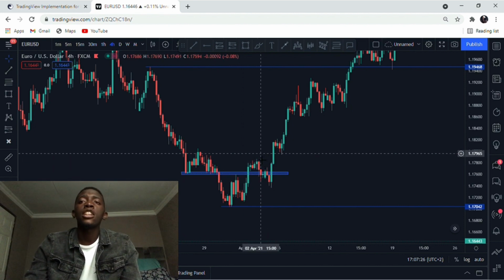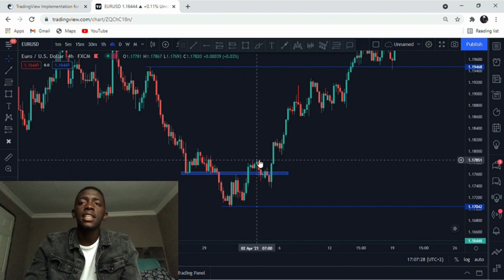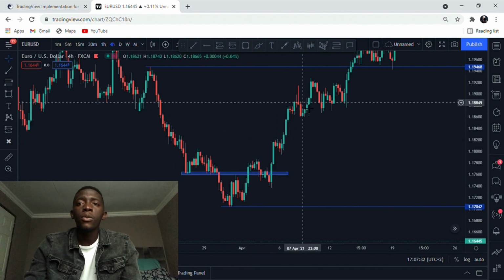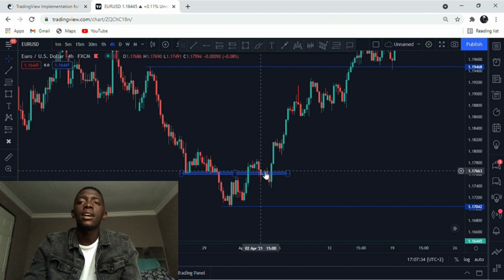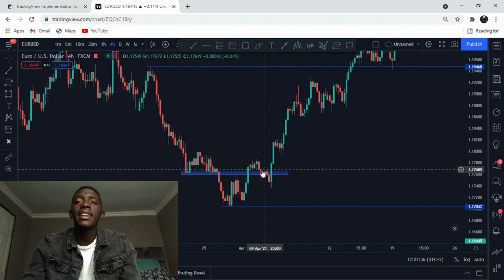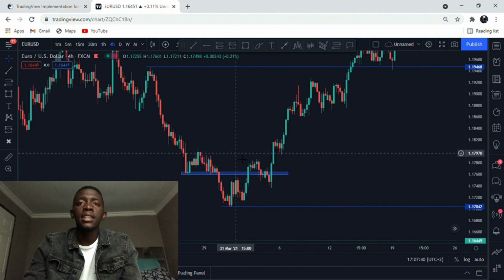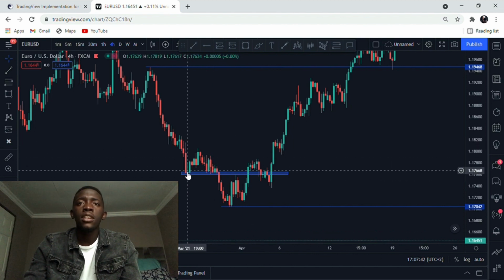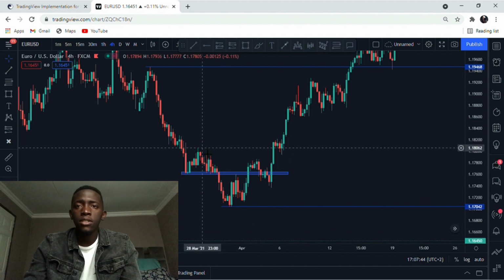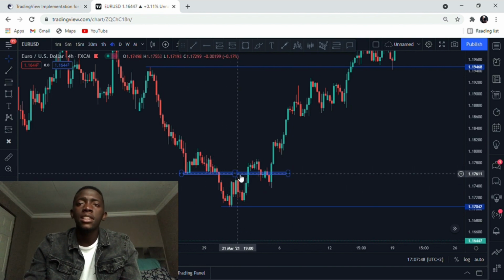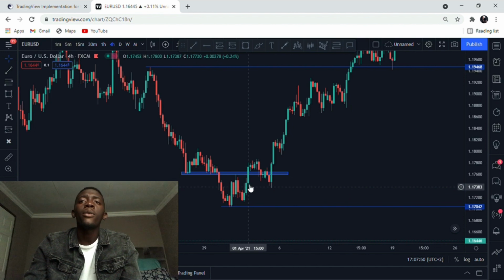What I was actually looking for is for price to test this area again so that we can continue to the upside. When price does this, it would create what we call an inverse head and shoulders. As you can see, we had this shoulder here, we went here, came back to the downside, created our neckline, and then came back to the downside, broke our neckline.